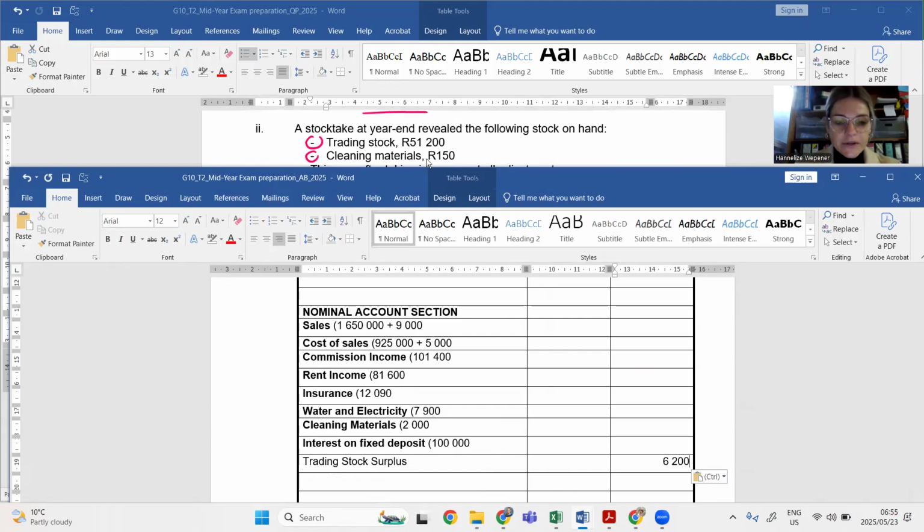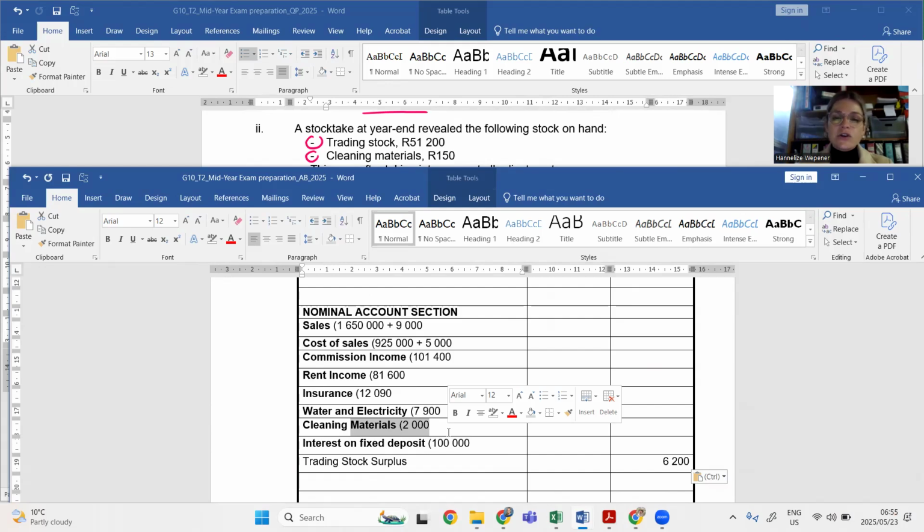Then cleaning materials. Throughout the financial year, I've recorded all of my cleaning material purchases. But then at year end, I saw that I didn't use all of my cleaning materials, and cleaning materials is an expense. Then the matching principle says that I may only include income and expenses in my nominal section actually incurred or generated.